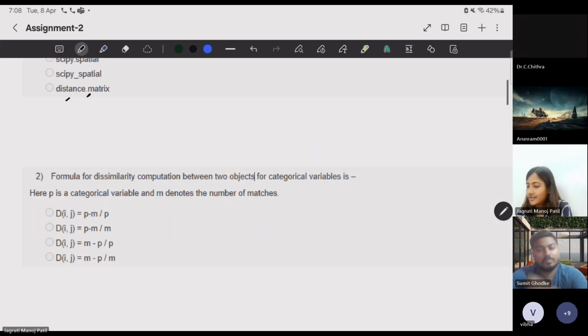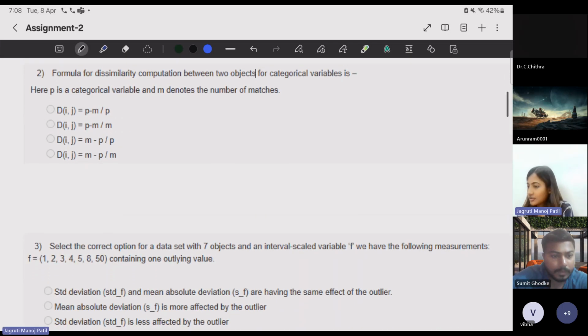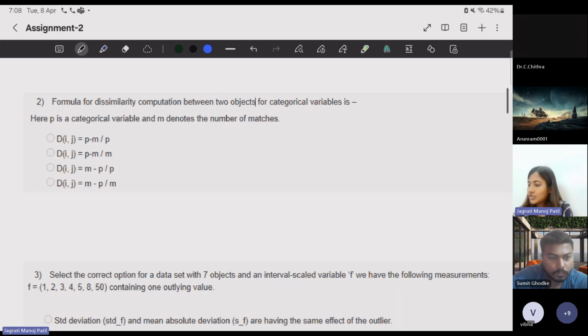Okay. Next question. Formula for dissimilarity computation. So we just did now. If you want to compute dissimilarity, what will you do? You'll find the matches and, towards the denominator, it would be one value, that is the total number of variables.